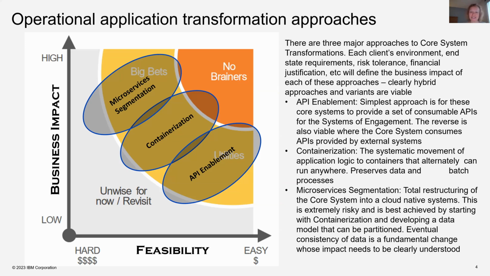The three approaches are first API enablement, and that is the simplest approach to wrap your existing transactions, could be IMS transaction, could be CICS transaction, could be Db2 stored procedures or SQL or WebSphere transactions on Z into APIs, so that the API consuming application doesn't even know that it talks to a Z system, to a mainframe.